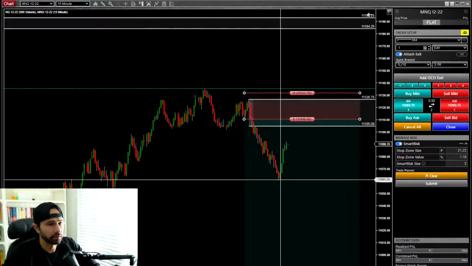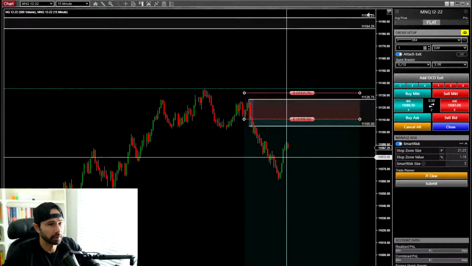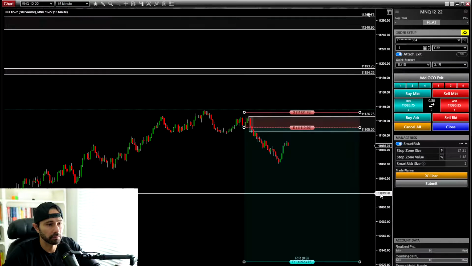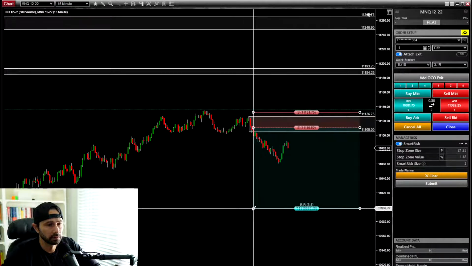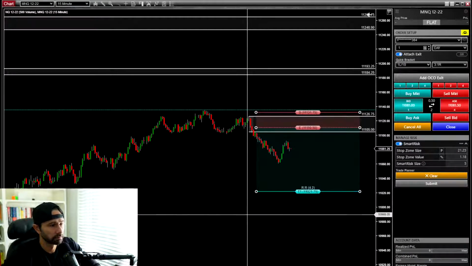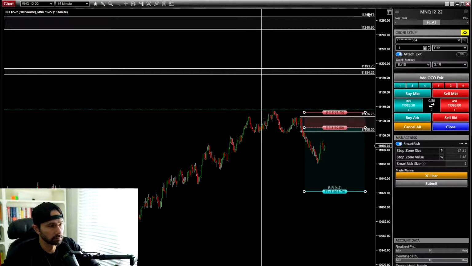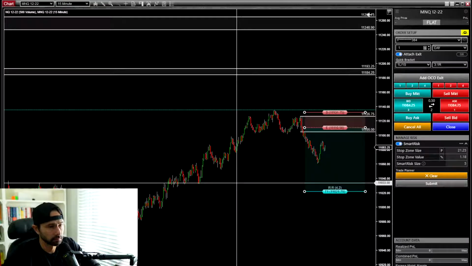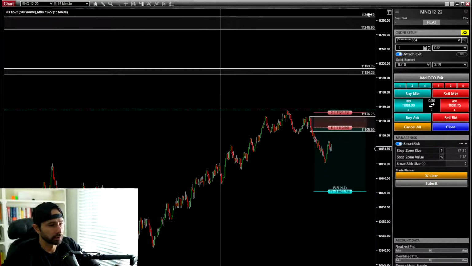This is the zero line on the tick chart. We need to be careful, okay? Because this can be a continuation to the upside, and the risk and reward ratio is not there.